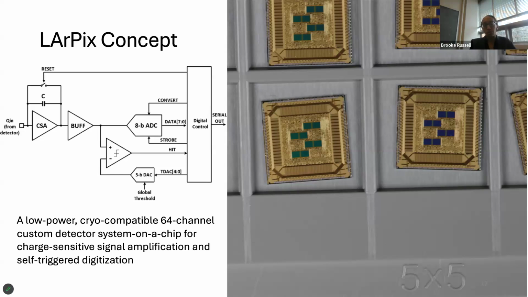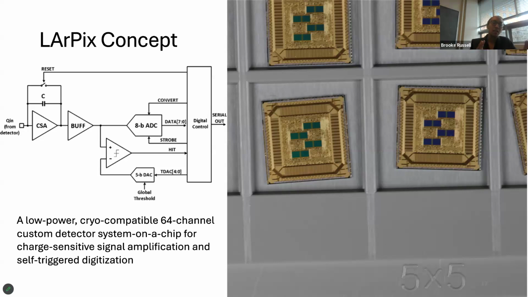We compare that voltage to the preset discriminator threshold on that channel, or if the charge on the pixel exceeds the channel threshold, we initiate a trigger logic. And then we have an ADC to convert that charge to some digitized bit. That digitized bit is fed to the digital back end of the chip, where it is serial read out of the system through a complex digital logic that I'll not discuss.